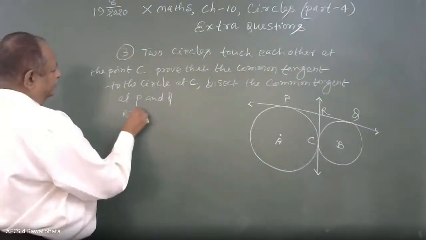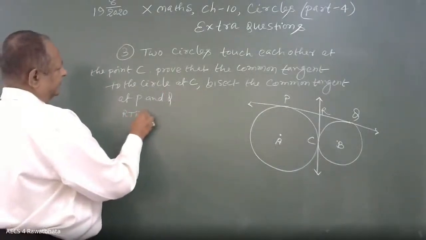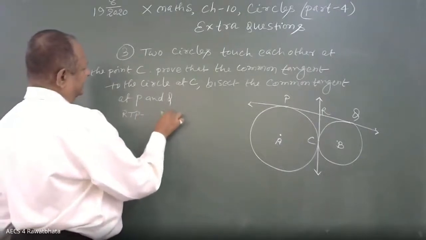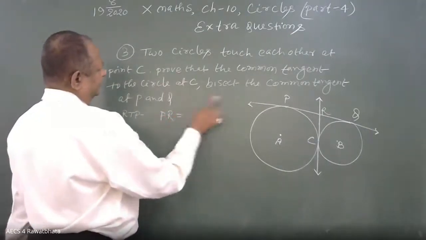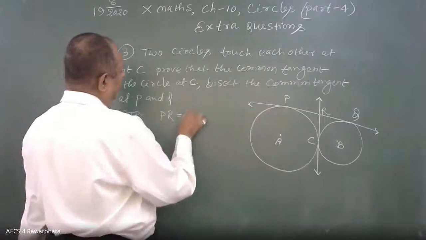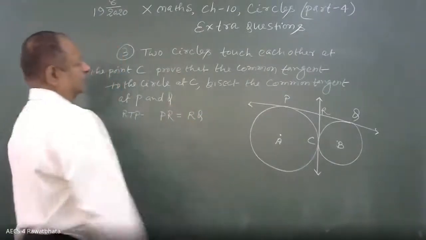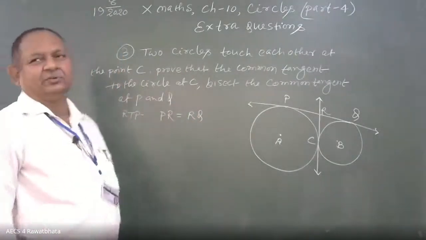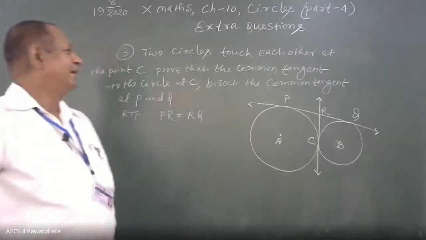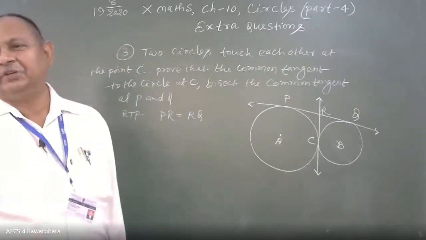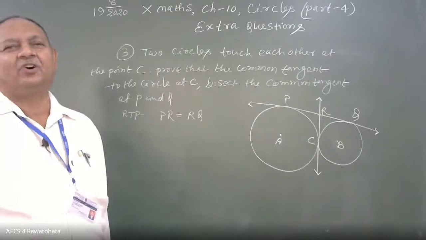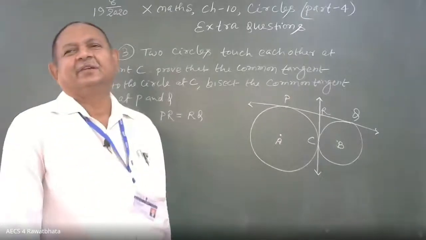Required to prove: PR is equal to RQ. It means R is the midpoint of common tangent PQ.